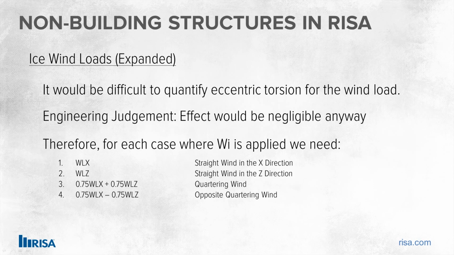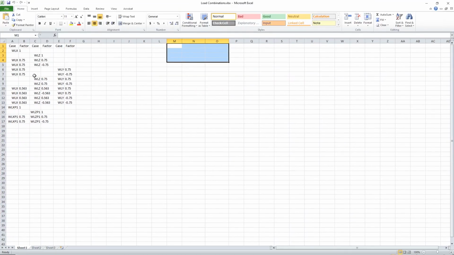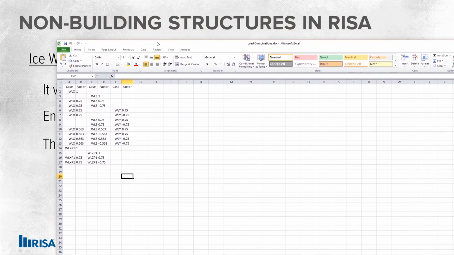Now, how do I handle all of these load combinations? Well, what I found is easy to do is actually to use Excel for this purpose. And so what I'm going to do here is go ahead and open up a spreadsheet that I sort of pre-created in this case. And this spreadsheet already has all those different combinations figured out.